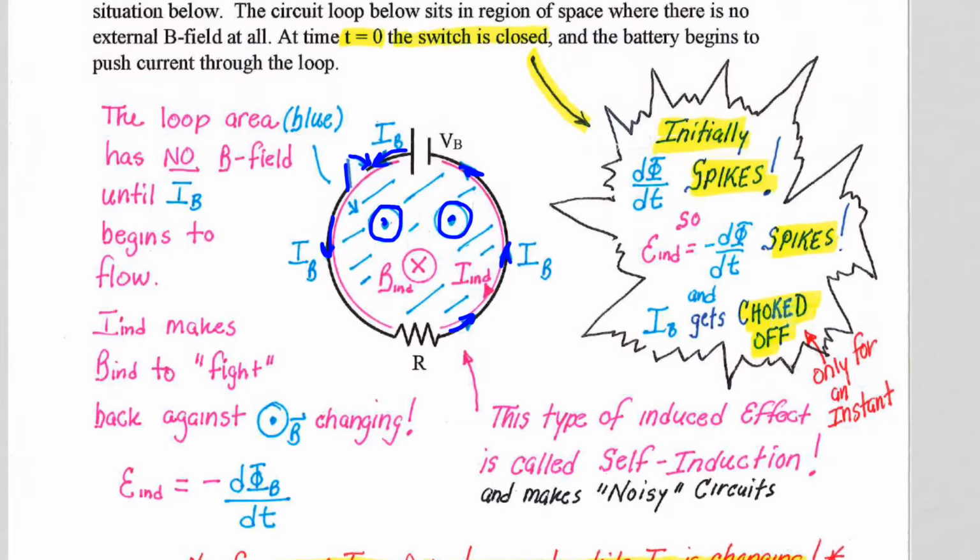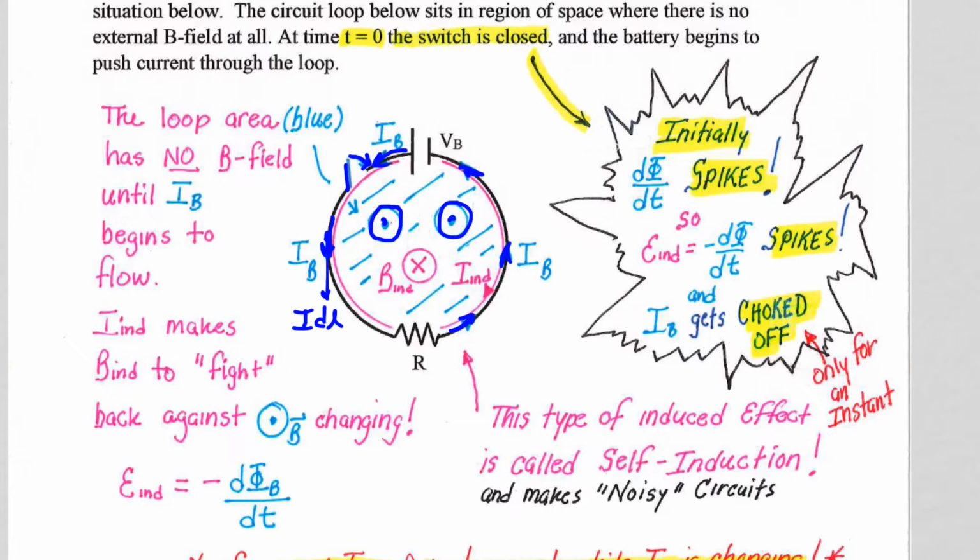So the area generated by the circuit itself is going to be seeing a time rate of change of flux. And just to remind you of the Biot-Savart law and I dL cross r hat, your cross product, let's quickly get in a little I dL here.